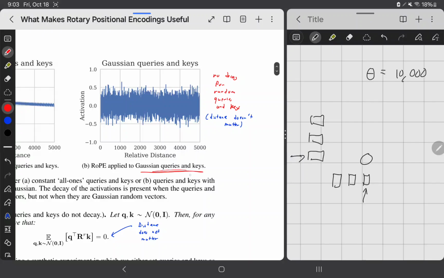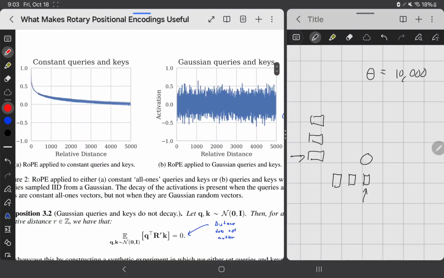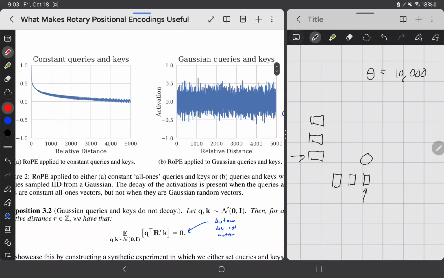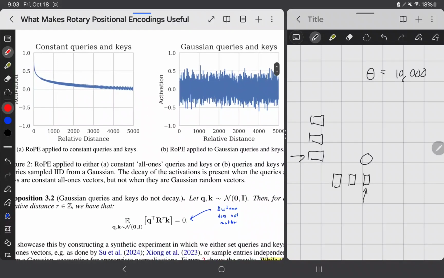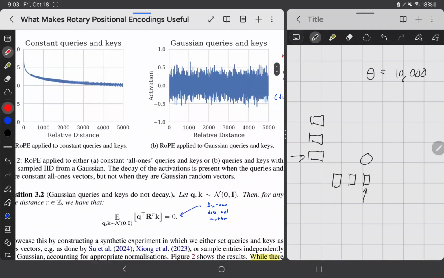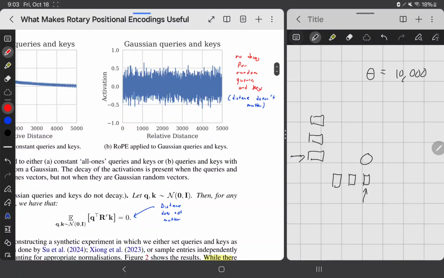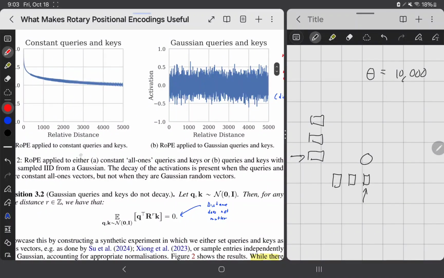However, if you use Gaussian queries and keys, then you find that RoPE doesn't have this decay. If you use Gaussian queries and keys, you don't find this pattern. And I don't know, you pick one assumption: are they all equivalent or are they Gaussian? Gaussian is probably a better assumption than having the same queries and keys.